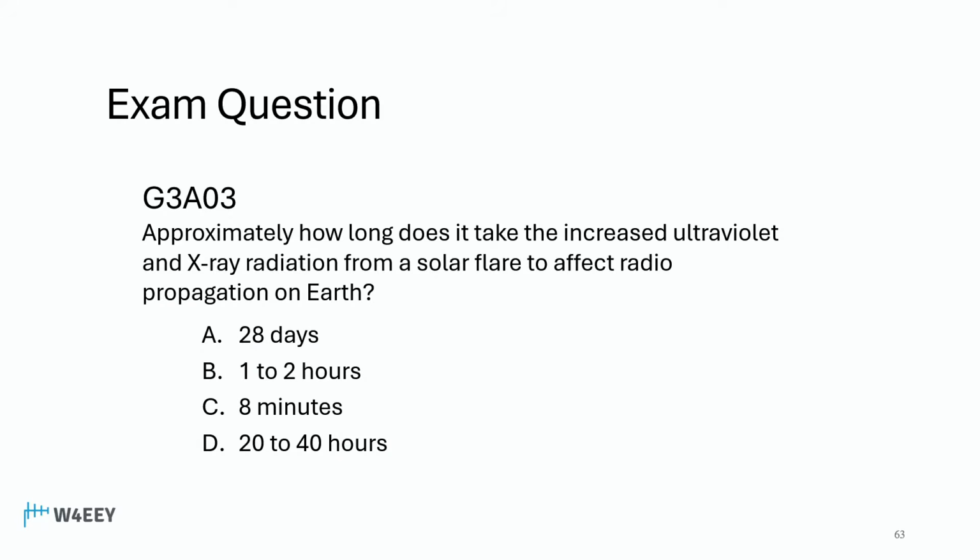Approximately how long does it take the increased ultraviolet and X-ray radiation from a solar flare to affect radio propagation on Earth? Charlie, it is Charlie. We're talking about light. Ultraviolet and X-ray are light, basically, in terms of speed.